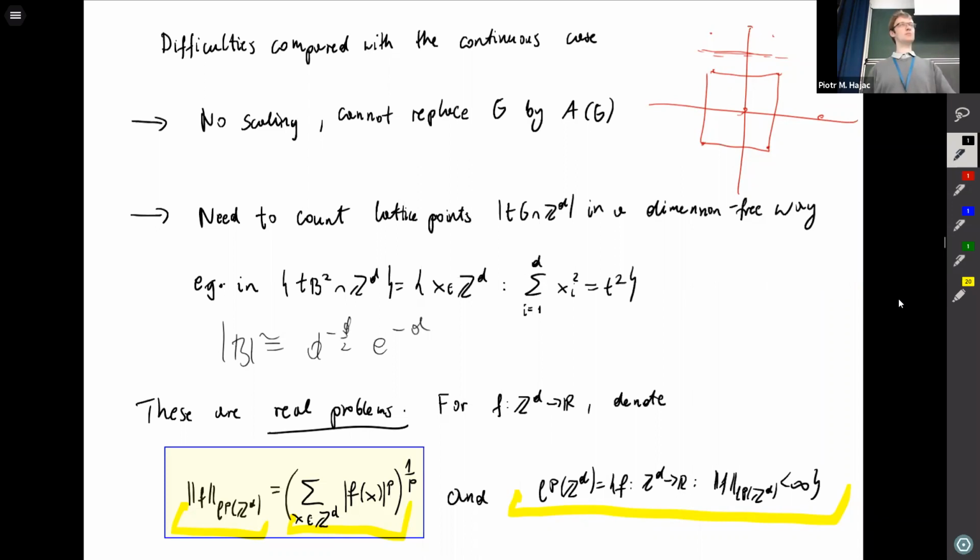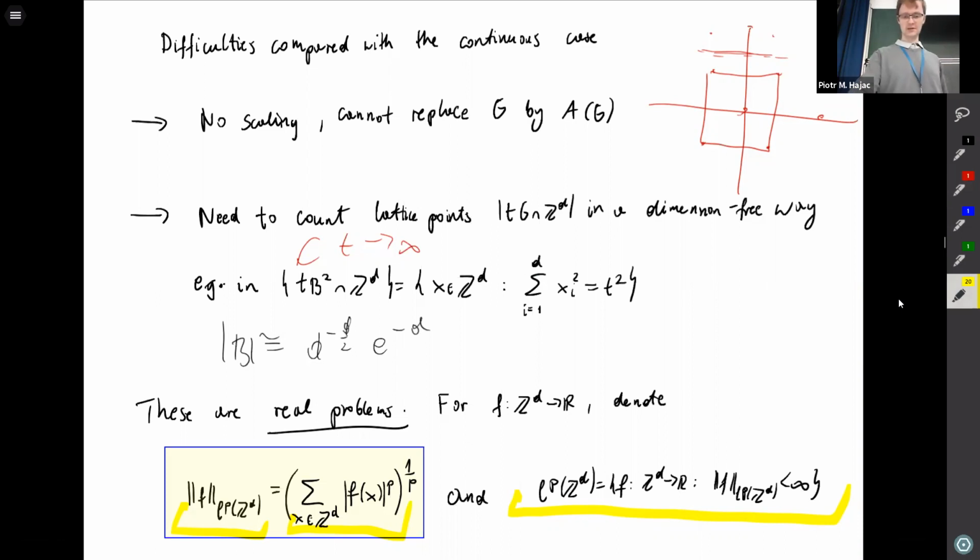It's not so easy to say what the number of lattice points inside the set is. It is known if the radius t is large, so this is well known if t goes to infinity. But we don't have scaling, so we cannot think that t is, for example, 1. We would also need to say what the size is for small t's. You will see in a moment that this is a problem. And as I said, these problems are real. It's not that you can just walk around them easily and transfer one result from the other. In a moment, you will see why.